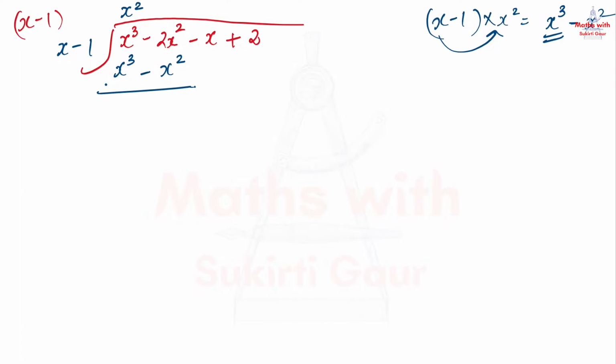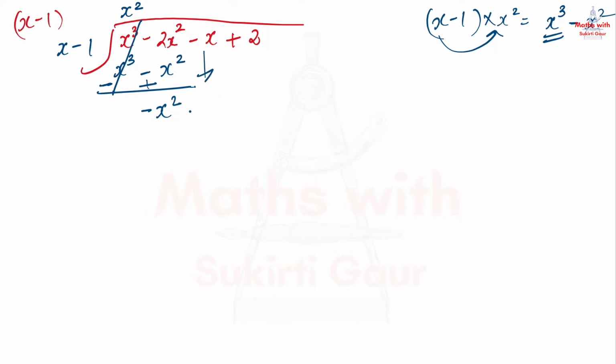Now, we have to make plus as minus and minus as plus, so that the first term gets cancelled, and with the other term, we are left with minus x square, because minus 2x square plus x square will give us minus x square.